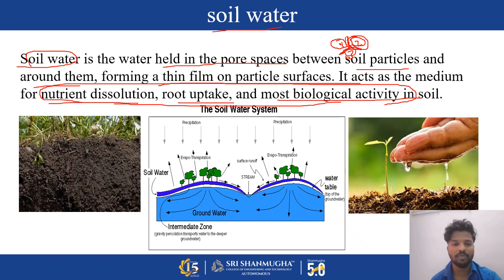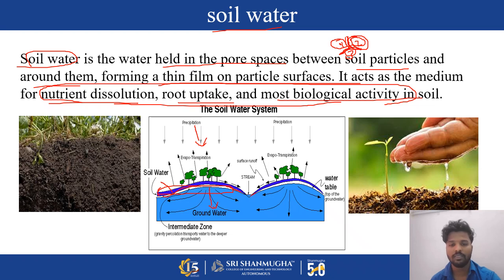Here in this picture you can see how soil water behaves in a cyclic process. First the precipitation occurs, the water comes from above, then it reaches the ground surface. Some water penetrates into the ground and some water is available in the upper portion of the earth. That is called the soil water, colored in dark blue.